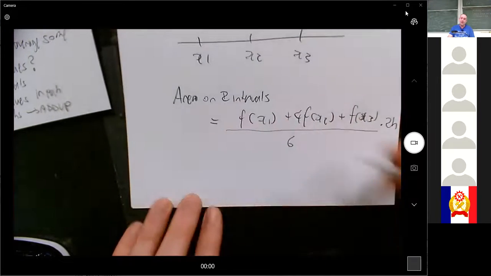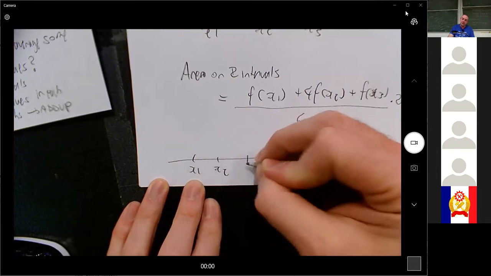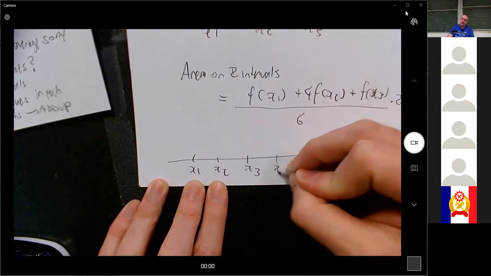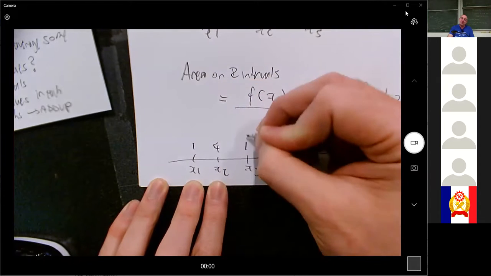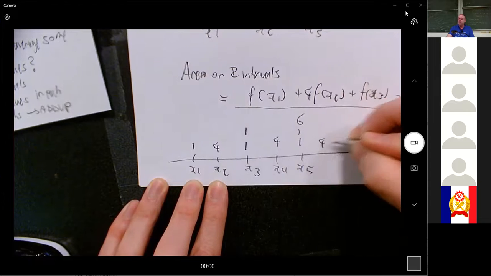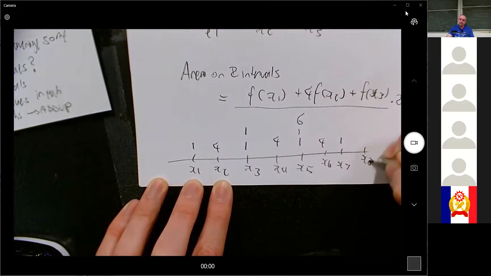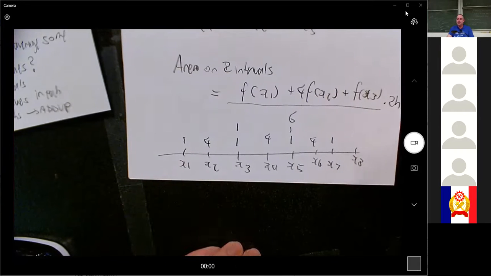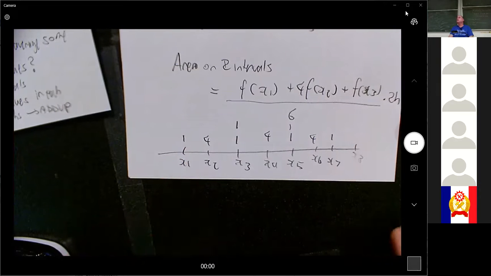So what we've actually got is x1, x2, x3, x4, x5, one of these, 4 of these, 1 of these, another 1 of these, and 4 of these, and 1 of these, and another 1 of these, and 4 of these, and 1 of these, and so on. And so that's why it's 1, 4, 2, 4, 2, 4, 1. I don't know if any of that helps, but it helped me.